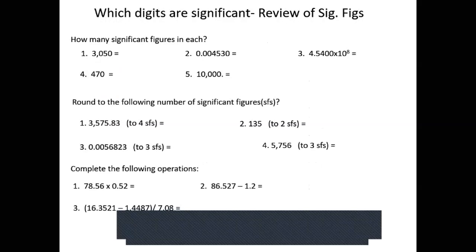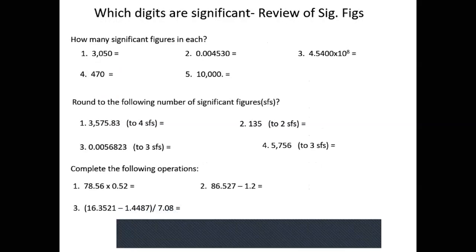Before we begin metric to metric conversions, I wanted to recap the rules for significant figures by doing some examples. In this series of questions, we want to know how many significant figures are in each of the following numbers. Number 1 is 3,050.